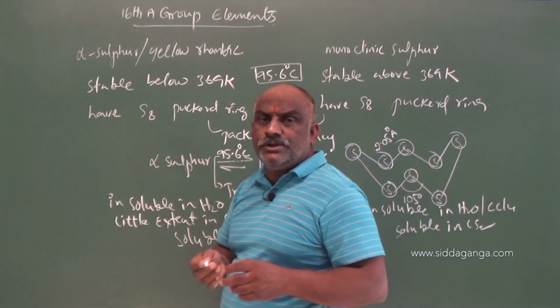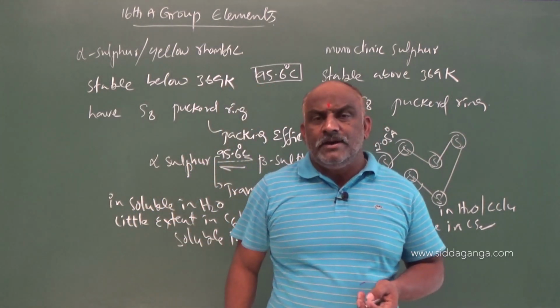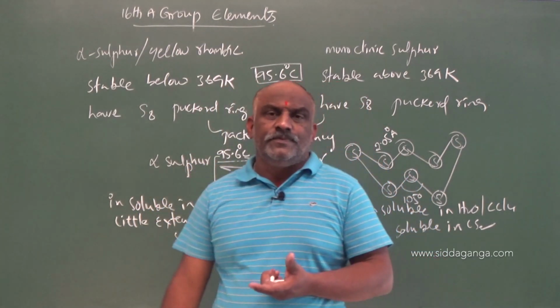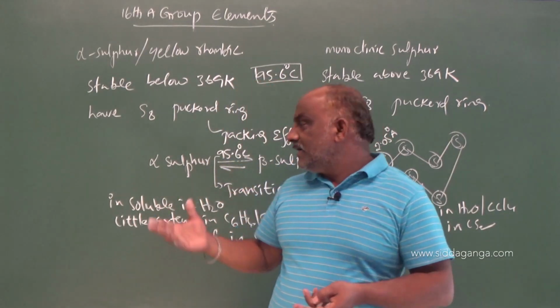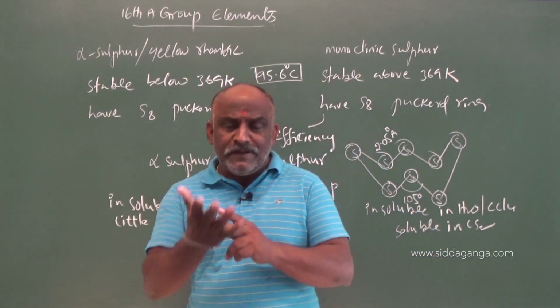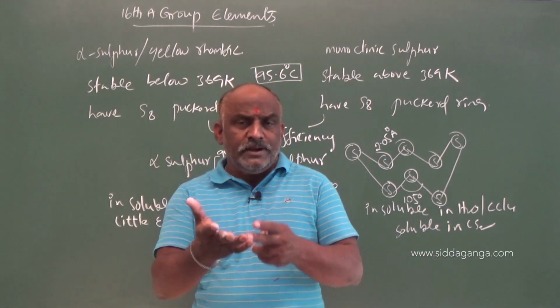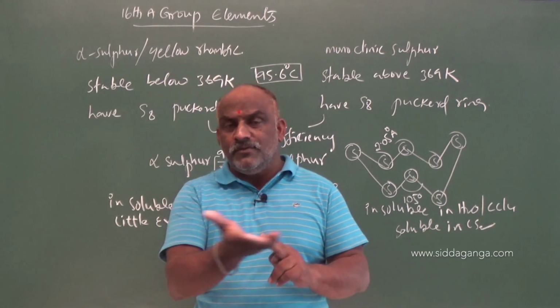What I said, did you understand? Simple. In the laboratory china dishes will be there, not eating dishes. Take one dish and transfer some solid alpha sulfur. Melt the alpha sulfur. After melting, cool it. While cooling, one crust will be formed.